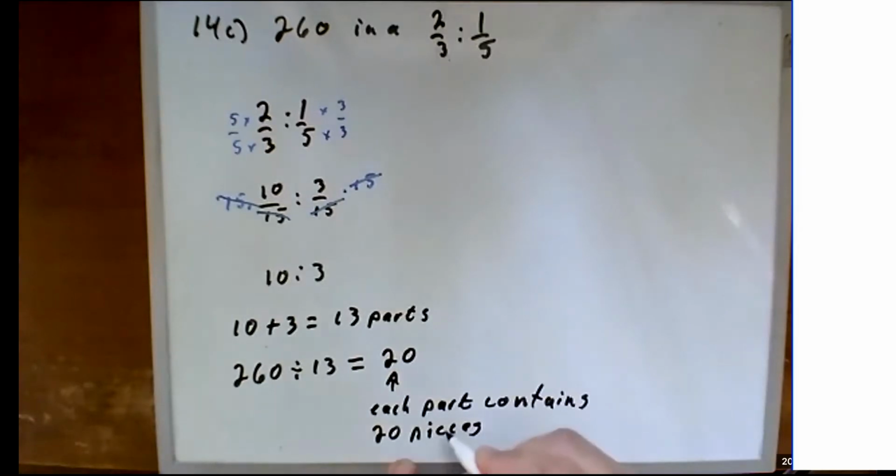So that's supposed to be an E, each part contains 20 pieces. Now, if each part contains 20 pieces, I now know what I can do with all of these. I can go ahead and multiply it by my 20 pieces, and it should show up the way it's supposed to.